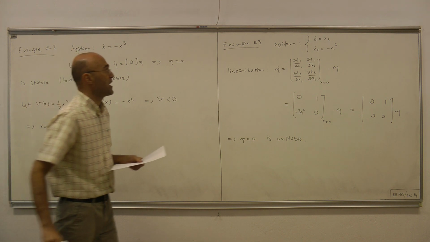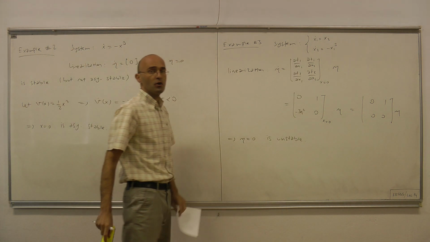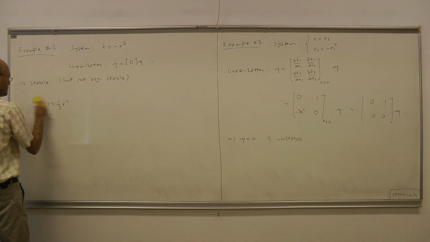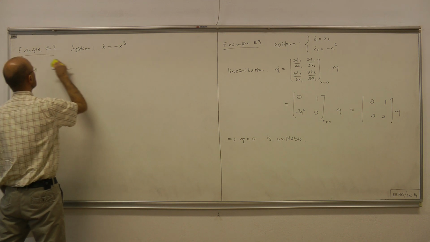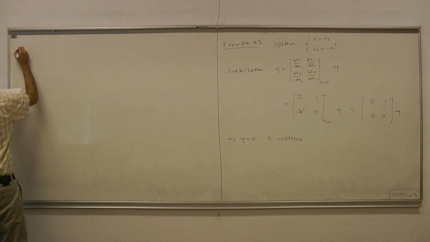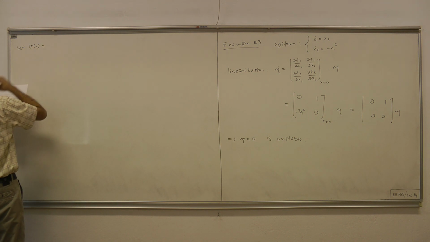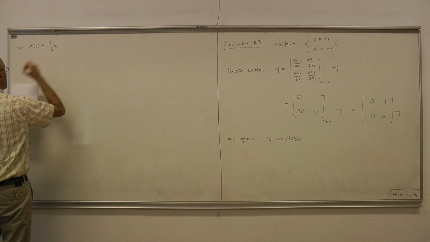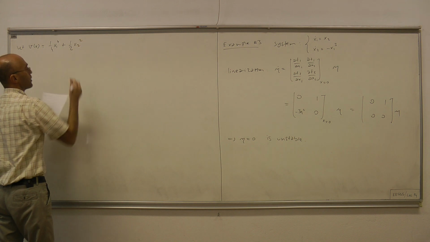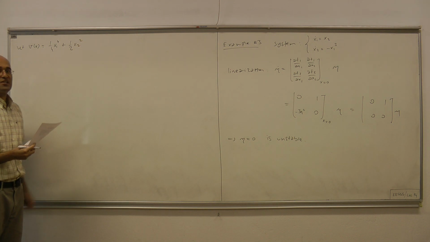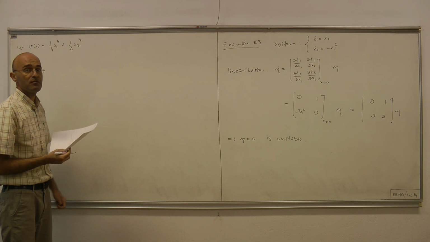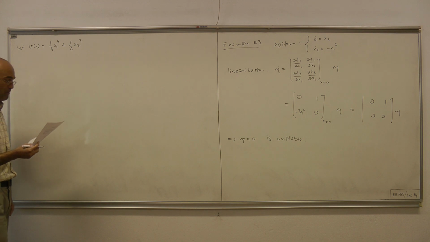How about the behavior of the solutions of the original system around the equilibrium? Let V(x) be 1/4 x1 to the 4 plus 1/2 x2 squared. Let's use this as a Lyapunov function candidate, which it is because it's clearly positive definite, and it's also radially unbounded.